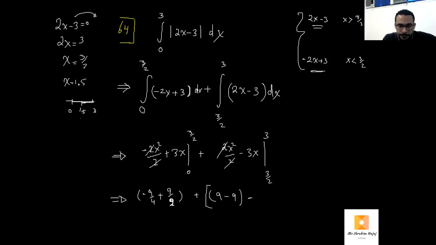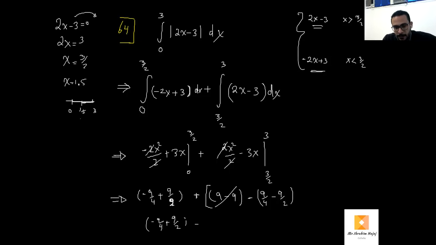Minus here, substituting 3 over 2 gives 9 over 4. And then we have 3 over 2, negative 9 over 2. So I have negative 9 over 4 plus 9 over 2, and then negative.